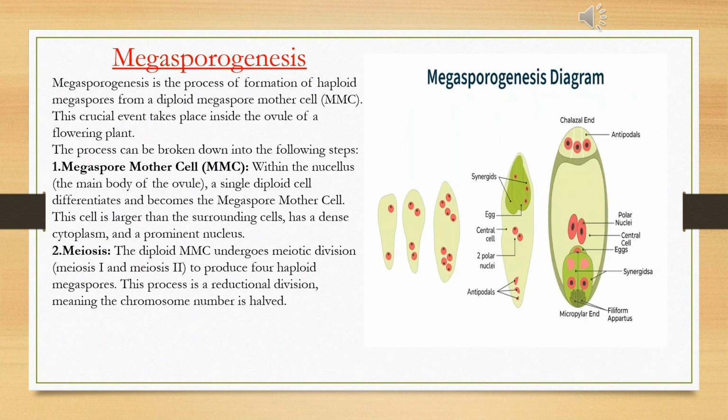The second one is meiosis. The diploid mother cell undergoes meiotic division, meiosis first and meiosis second, to produce four haploid megaspores. This process is reductional division, meaning the chromosome number is halved.